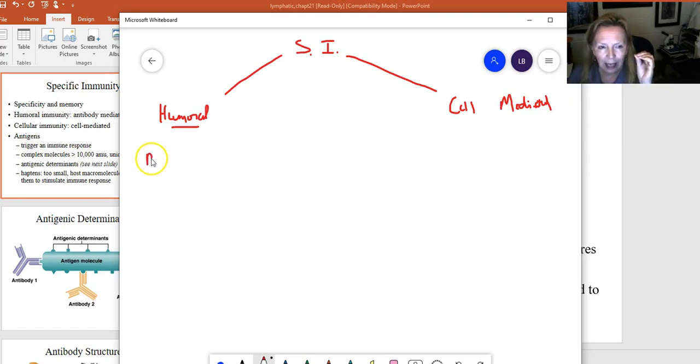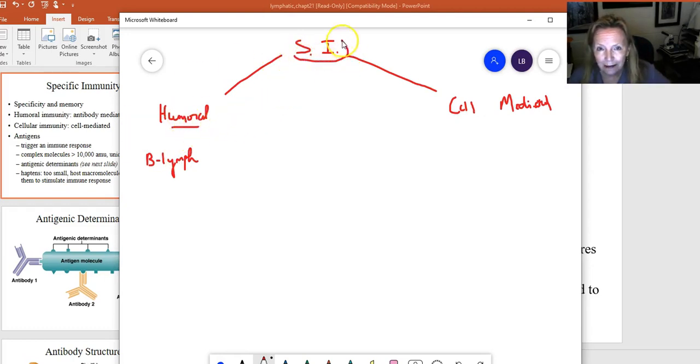What's needed for adequate humoral immunity are very special types of white blood cells called B lymphocytes. B lymphocytes. These are very, very special types of lymphocytes, and they're absolutely required for humoral immunity.